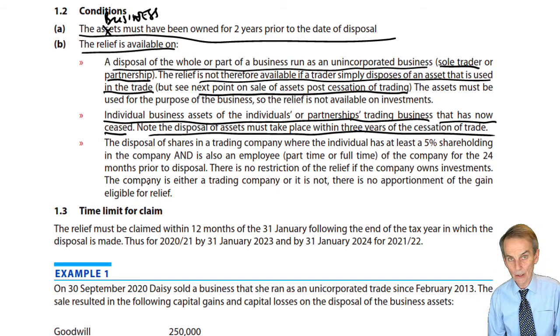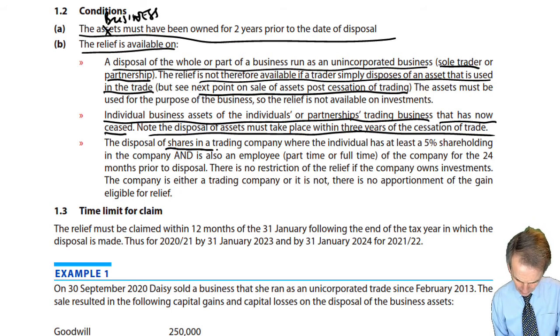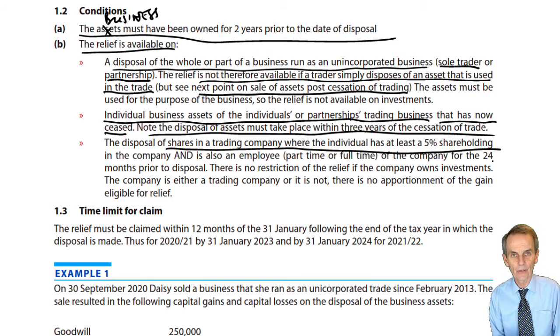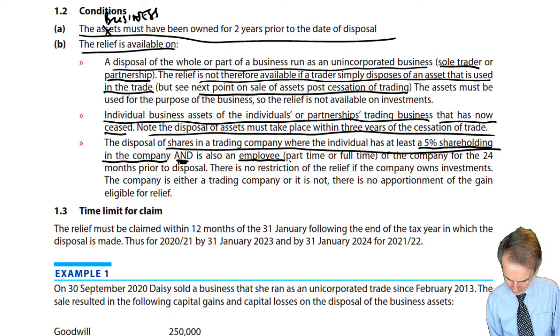What about if it's a company and what we're doing is to sell shares? The disposal of shares in a trading company where the individual has, right, the conditions now for the relief to be available. First one, must have at least a 5% shareholding in the company and is also an employee. Now that can either be part-time or full-time there.